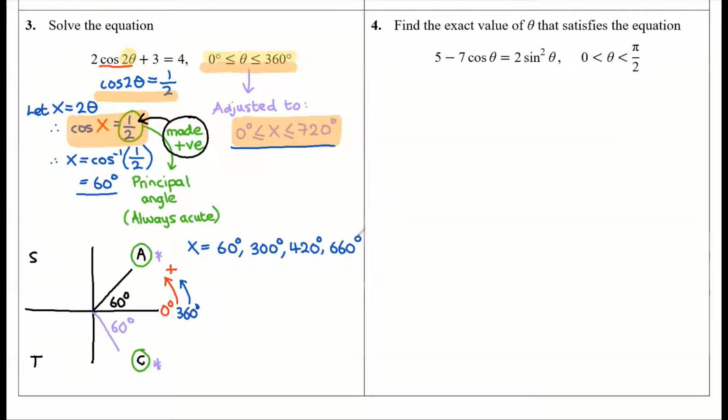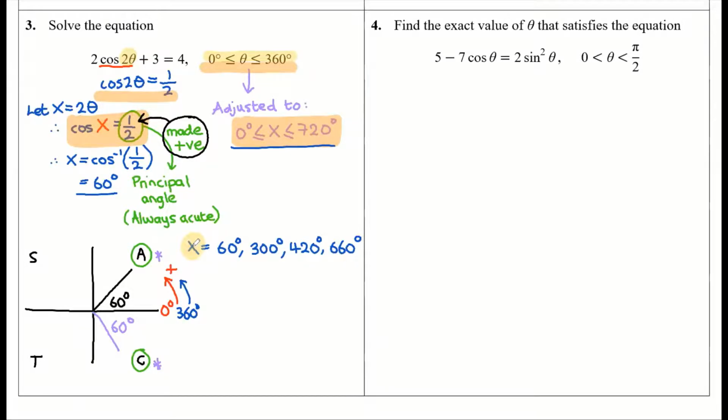For a normal trig equation, you would expect 2 answers. If it was just like cos theta equals a half, there would be 2 answers. If it's cos of 2 theta equals a half, then there's 4 answers. The number of answers should double. All right, now we know that these are the values for x.